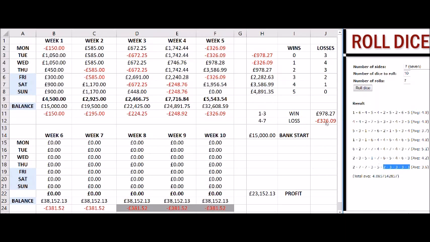So each win is 978.27 to add to the 2 wins in the first 5, which was 978.27. So this Sunday, 5869.62. That was, for the week, £11,000 of profit.